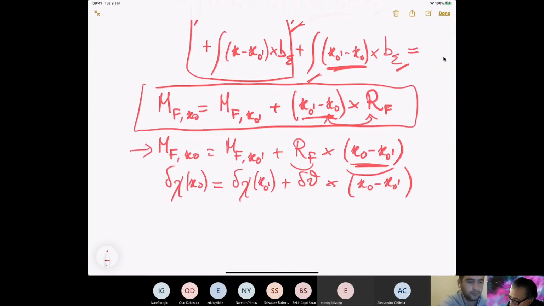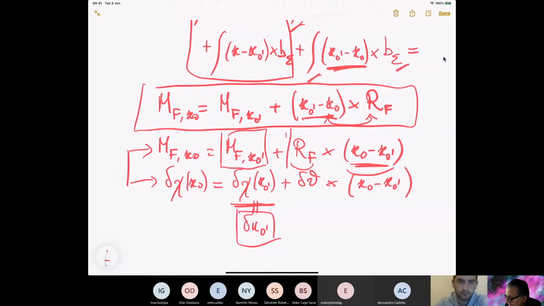So the structure of the variation of the moment with respect to the pole and the virtual velocity in a rigid motion have the same structure if you replace this, we have called delta u 0 prime. If you replace the moment with the displacement and the resultant with the rotation.